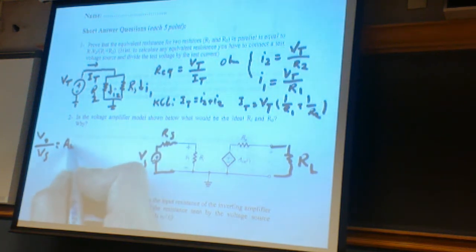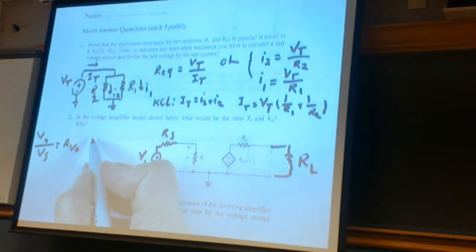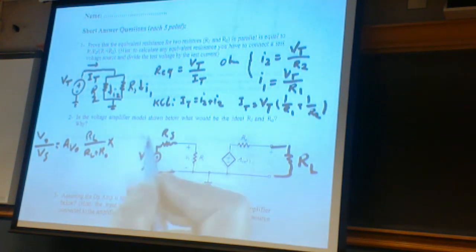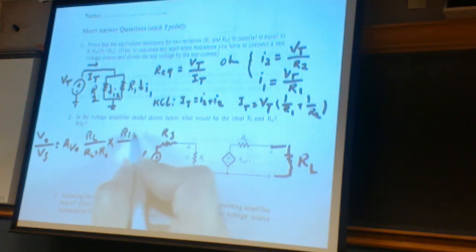So A naught times Vi, times RL over RL plus R out, and Vi is VS times Ri over RS plus Ri.